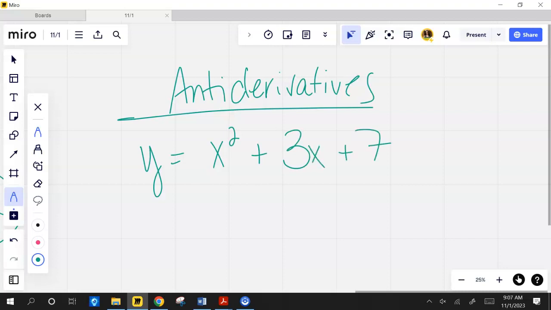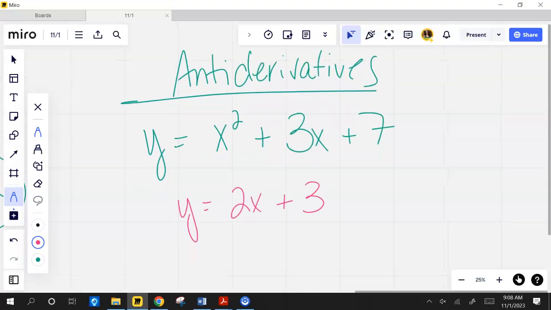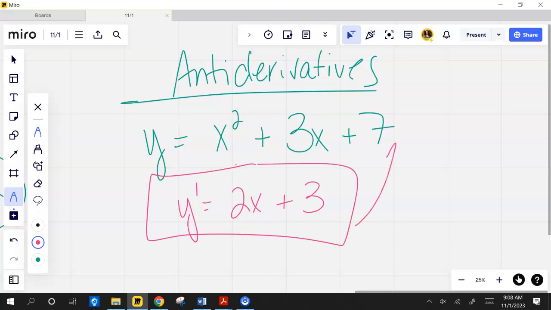If this is my function, what would the derivative be? But what if I started here? Could you come up with the original function? Not with that 7.